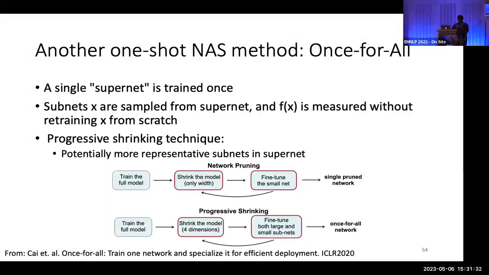Okay. So how do they ensure that a subnetwork of a supernet is actually similar to the subnetworks trained from scratch? This is one way to do it. Down here is something called progressive shrinking. Here, the idea follows from network pruning work.